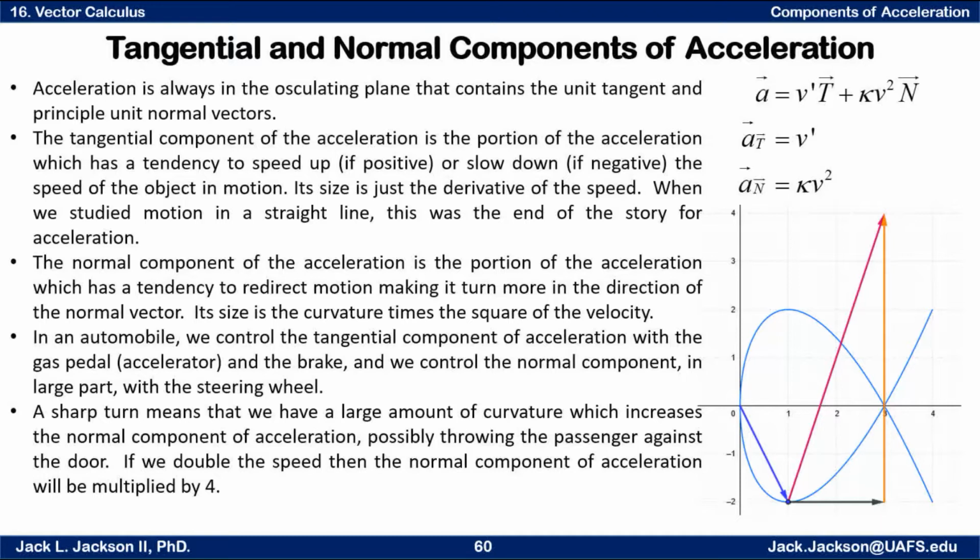So on the normal component, notice that it is the curvature times the speed squared, the size of that vector portion of the acceleration pointing perpendicular to the motion. And it's the curvature times the square of the speed, that should say. Let me fix that.